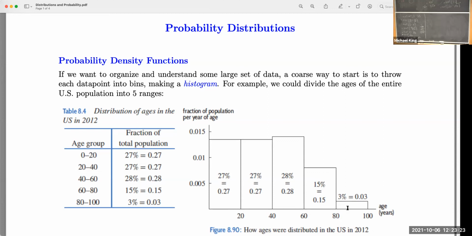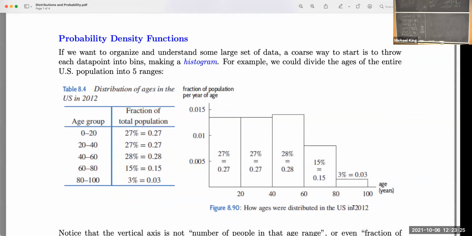Here, since this is about age, the horizontal axis is very natural, it's just age. But then the boxes are sort of dimensionless. The area is a dimensionless number, right? It doesn't have units. It's just 0.27, the area of this box is just 0.27.